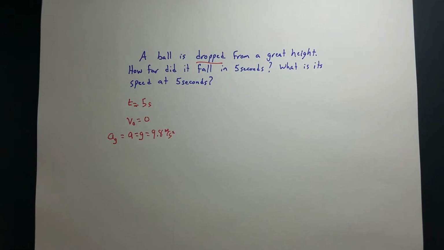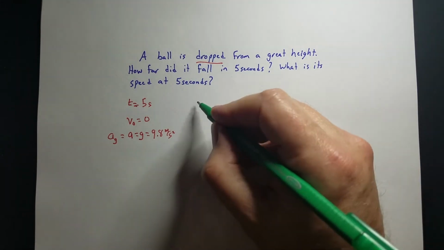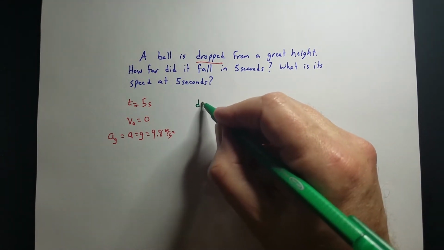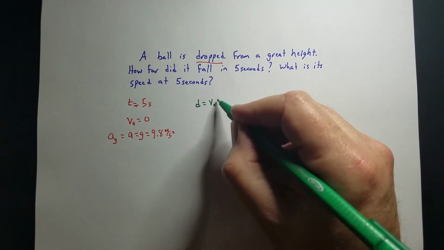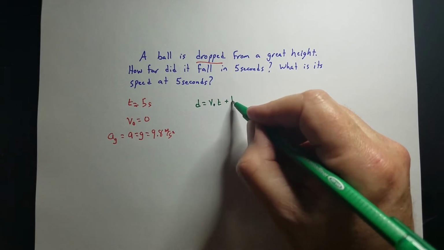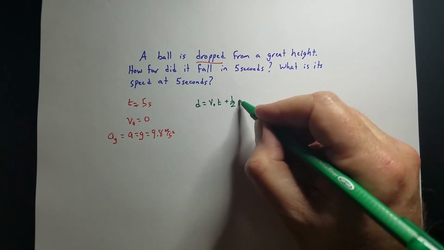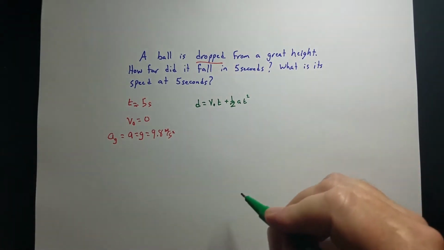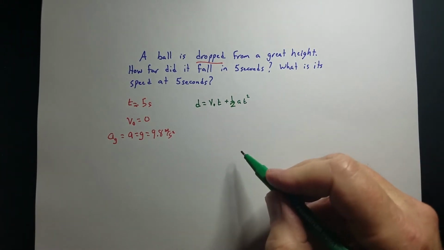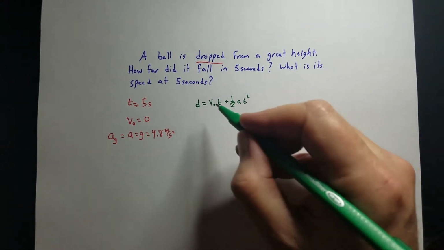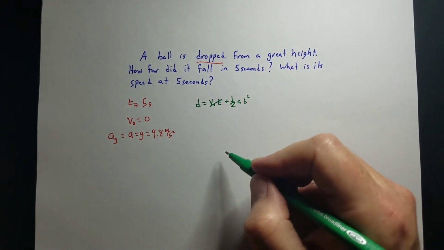So let's see what we're going to do with this. We want to figure out how far it will fall and its speed after that time. Well, let's figure out how far it falls first. Since it's accelerating, I have to use this equation. I can't use v equals d over t because it is accelerating. And since the original velocity is 0, that term goes away.